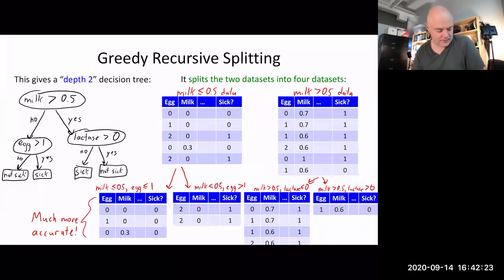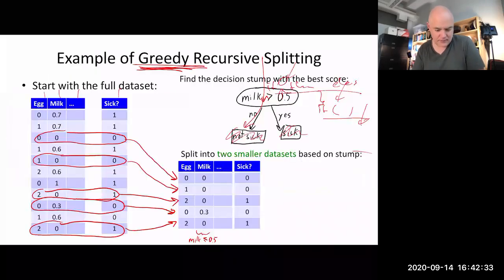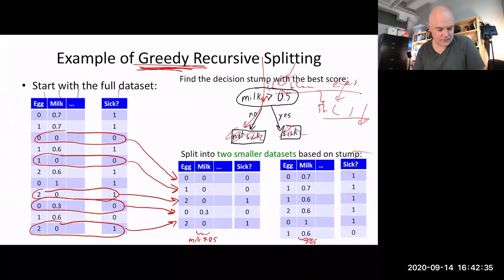How many years have we done this? And there's a milk 0.5. Is there no 0.5 in the original data? That's hilarious. It doesn't matter. Pretend that the data table is longer and there's a 0.5 in there. It's the same story.